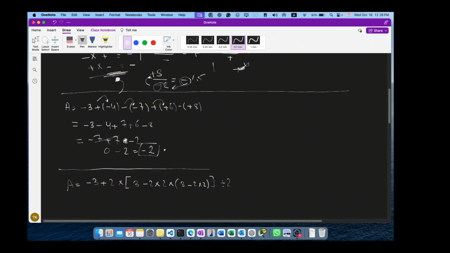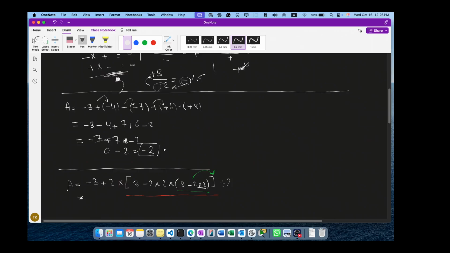Guys, I need to start with what? With parentheses. This one from inside to outside. I will do this, then I will go to do this one, the brackets. But before I start in the parentheses, what should I start with? Multiplication.